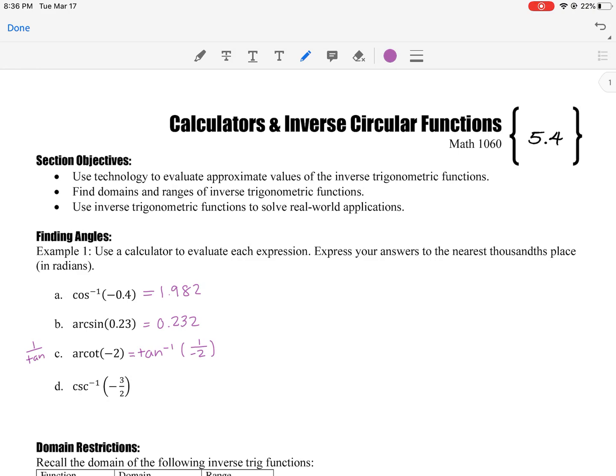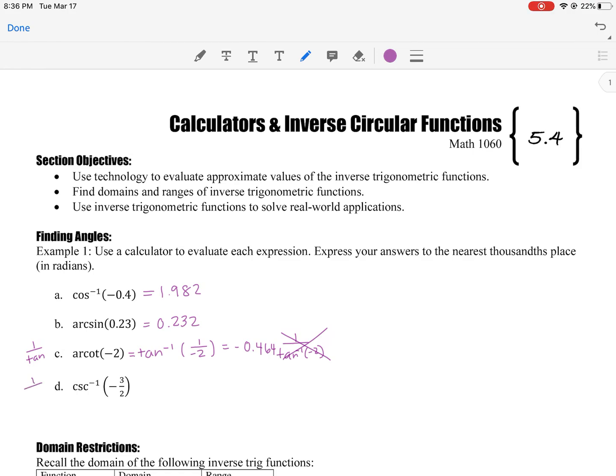Be careful here, if you end up doing like 1 over tangent inverse of negative 2, that's not going to give you the same thing. So go ahead and type that in your calculator, and we end up getting negative 0.0464.